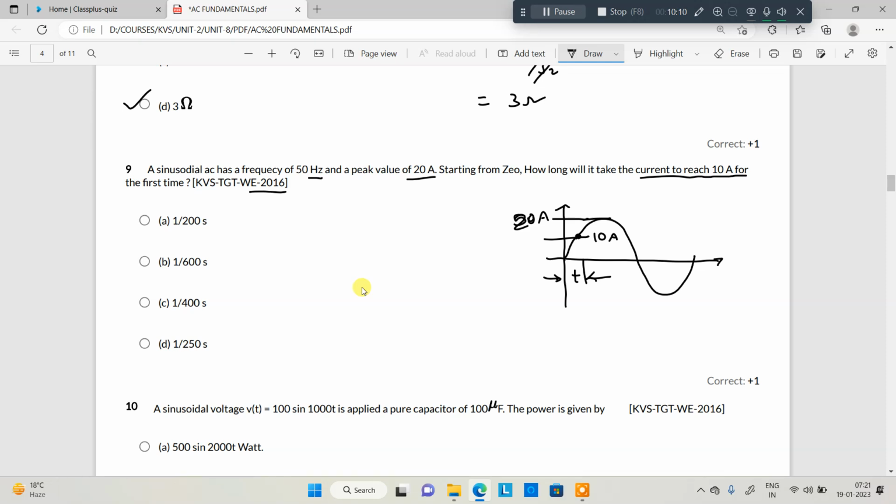This is the frequency, this is the Im value. The Im value is given as 20 amperes, and the frequency is equal to 50 Hz. So from that, I is equal to Im sin omega t. What is the I value they mentioned? 20 amp, no sorry, the I value is 10 amperes, because it reached 10 amperes, the instantaneous value. It is equal to, what is the peak value? 20 sin omega t.